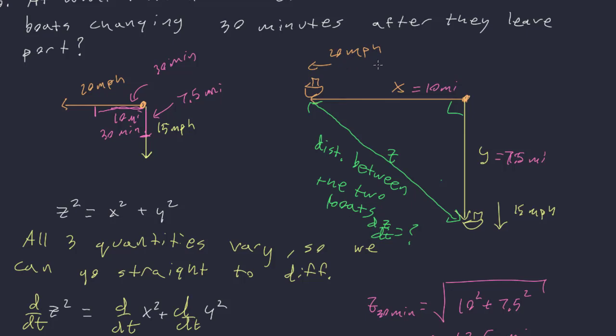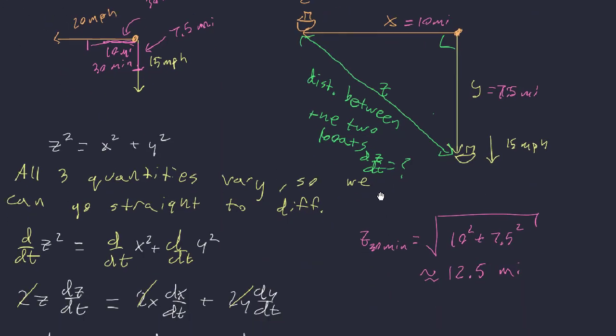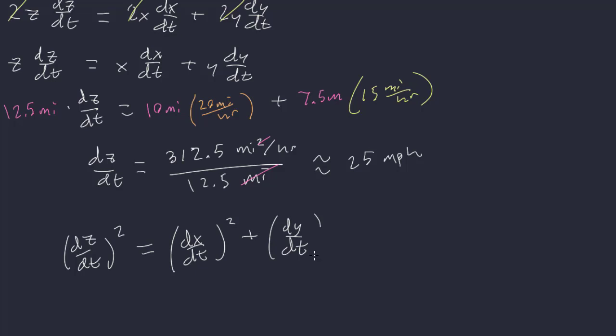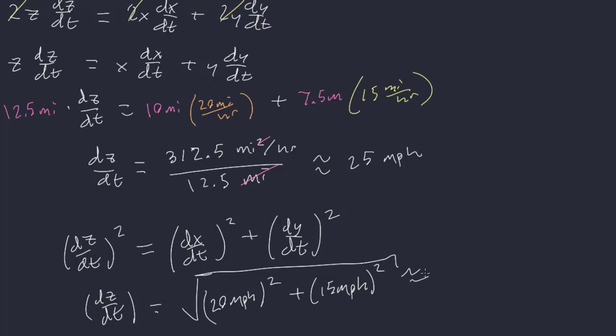Let's see if that comes out to be the same thing. If we did dz/dt squared is equal to dx/dt squared plus dy/dt squared, we'd get dz/dt is equal to the square root of 20 miles per hour squared plus 15 miles per hour squared, which would come out to be 25 miles per hour.